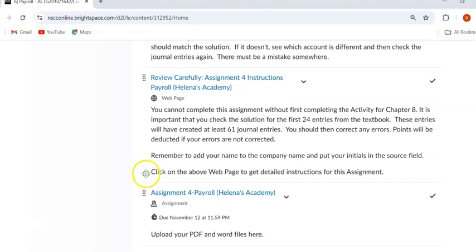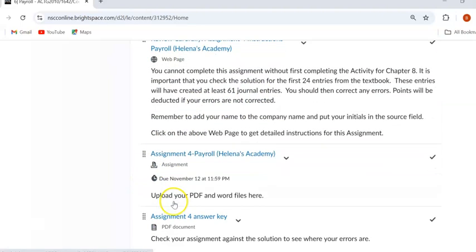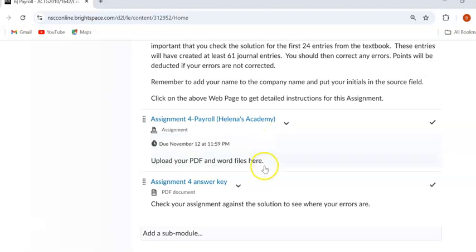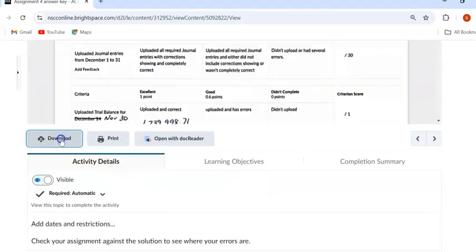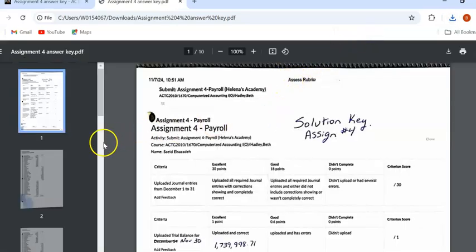And then of course we have the instructions for the assignment and your upload spot, and then the assignment answer key has been posted, and this video will appear right underneath of it. Okay, so let's go in and have a look. Download and open. Okay, here we go.